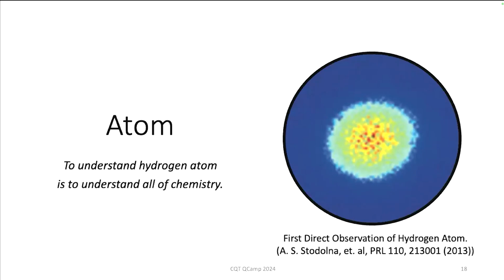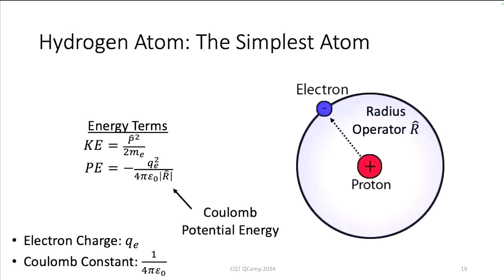This is basically the electron probability density of the hydrogen atom. The hydrogen atom is basically an electron surrounded by a proton. The energy terms of the electron are the kinetic energy and the Coulomb potential energy, which is basically the interaction between the electron and the proton.